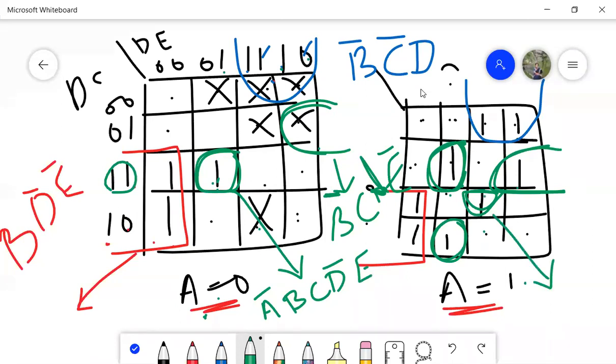This is the A matrix, so it will be A, and here it is 1 and 1, so it will be B, C, and here it is again 1 and 1, so it will be D, E.